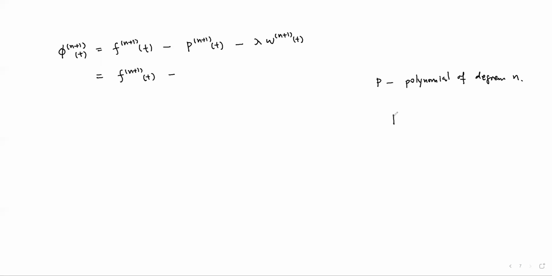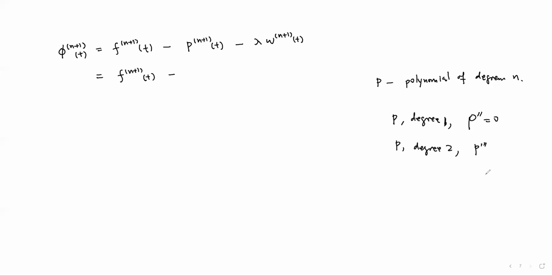Say, for example, a polynomial of degree 1. Take the derivative twice, 0, right? If a polynomial has degree 2, take the derivative 3 times.